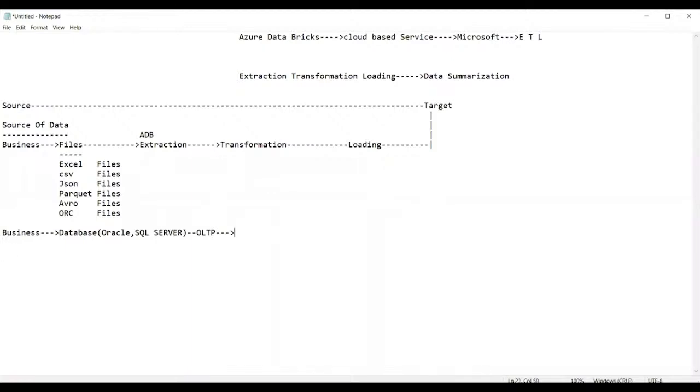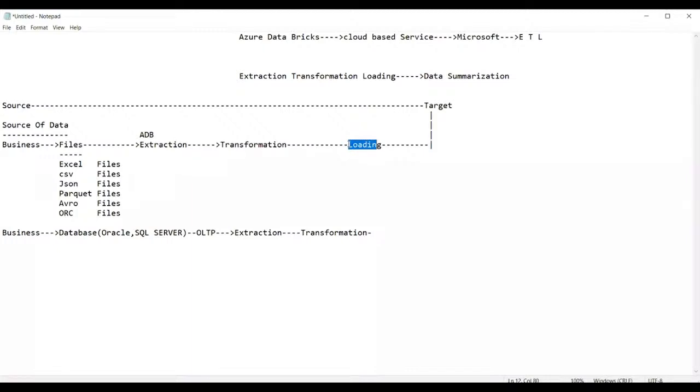So now, guys, ultimately from this database, we pull in the data by the same process. Extraction will be done. That means using ADB, we extract the data. And once the data is extracted, we perform the transformation on the data. Transformation is the actual process of data summarization or preparing the data as per the requirement of the client.